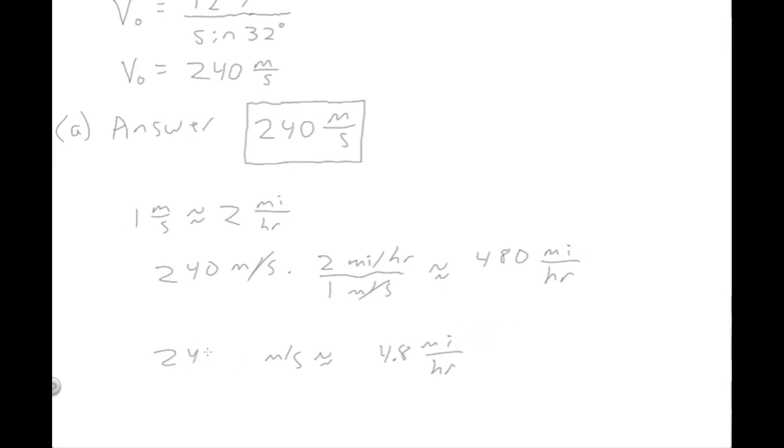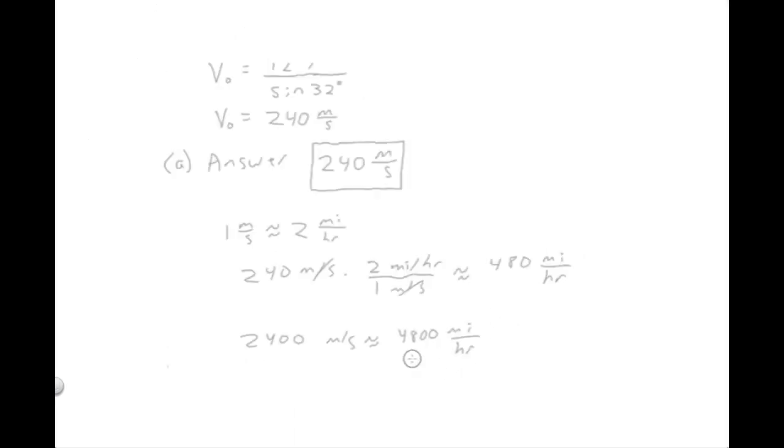And suppose we got 2,400 meters per second. That would be 4,800 miles per hour. I believe that's much, much faster than planes ordinarily fly, and I believe this is even faster than the fastest record that any rocket jet has set so far.